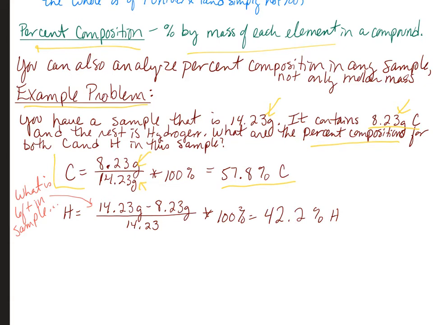So if what's left over is hydrogen, we take the total sample amount, subtract out the 8.23 grams that's carbon. If you want to do this before you start the multiplication and division, please feel free to do that. And divide that by the total mass of the sample times 100, and you'll get the percentage of hydrogen.